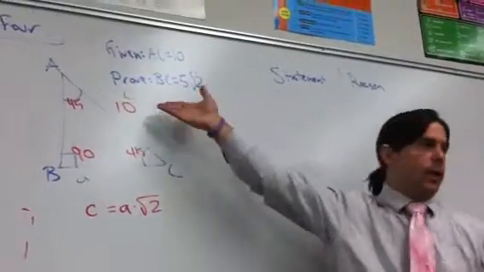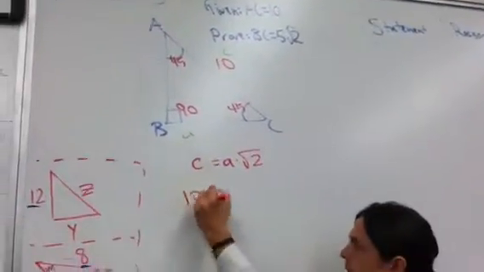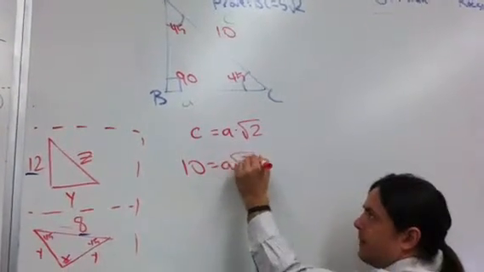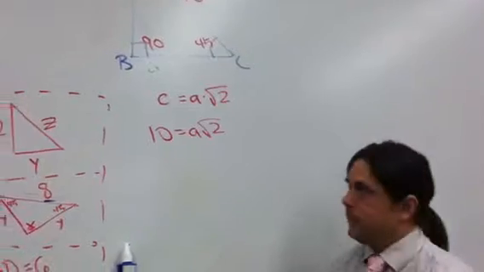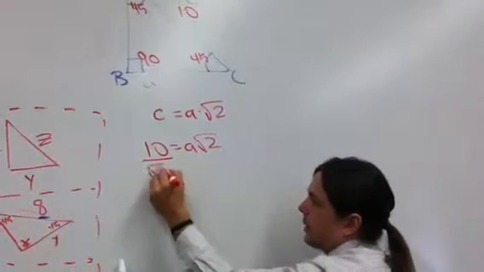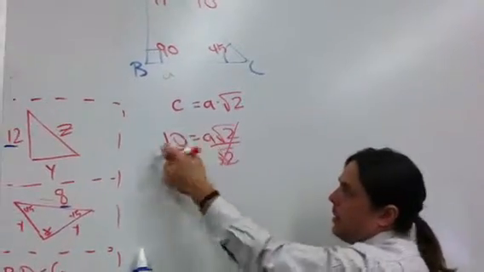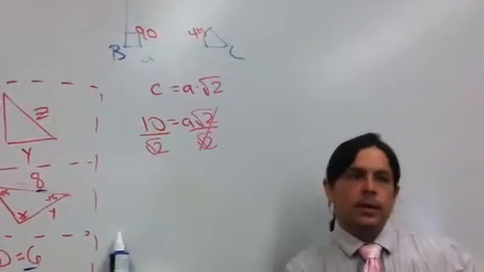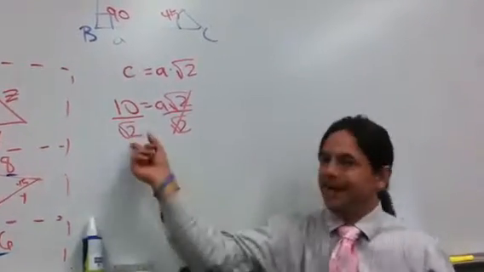So, our C is what in this triangle? 10. So what we say is 10 equals A square root of 2. So if we want to get A, we will divide by square root of 2, of course. And that gets us 10 over the square root of 2, because these cancel. A equals 10 over the square root of 2. The issue here being that we can't represent the number in this fashion.